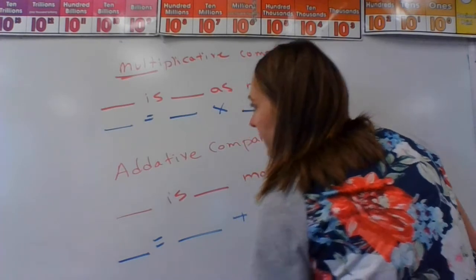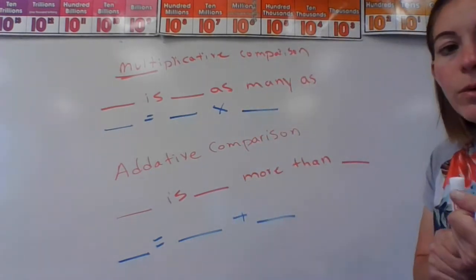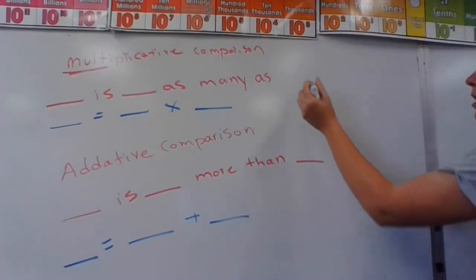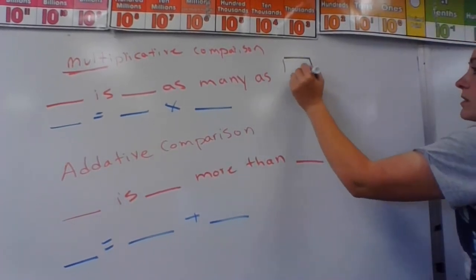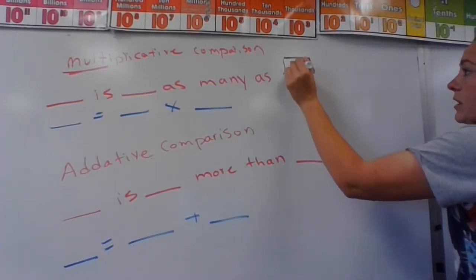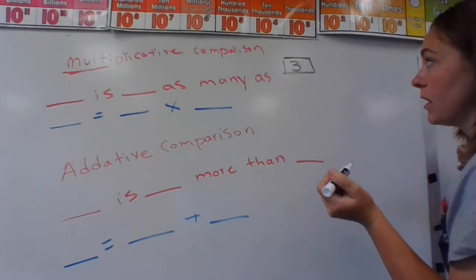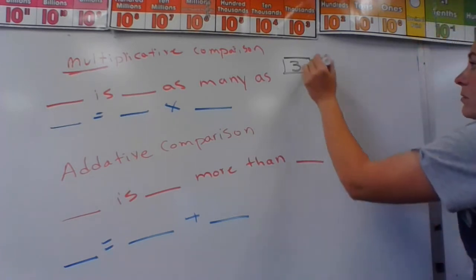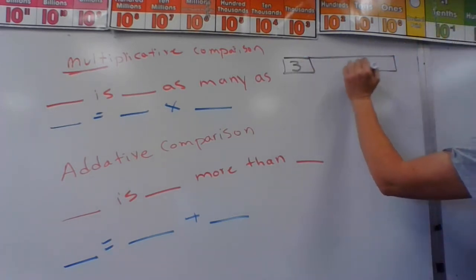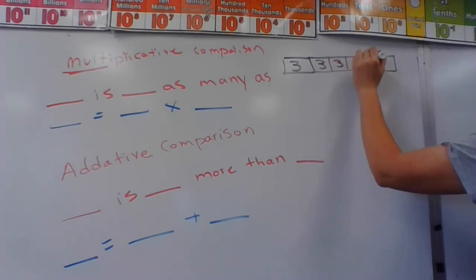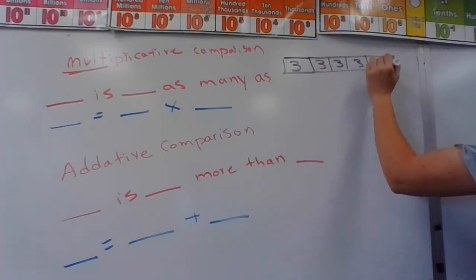I'm going to try to get a different marker here. So for multiplicative comparison, this will be the tape diagram where you draw out maybe like one box is 3, but you've got multiple sets of those. Maybe you have 5 of them. So you draw out 5 boxes here: 1, 2, 3, 4, 5.